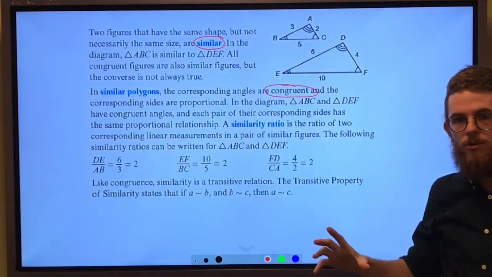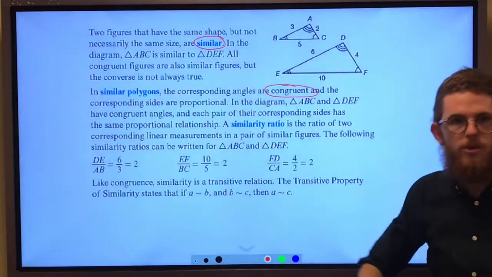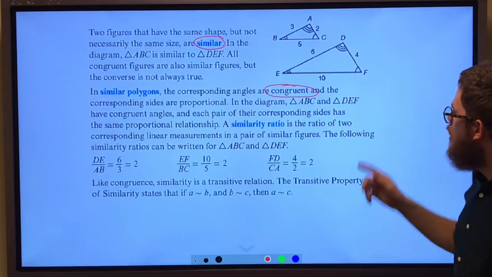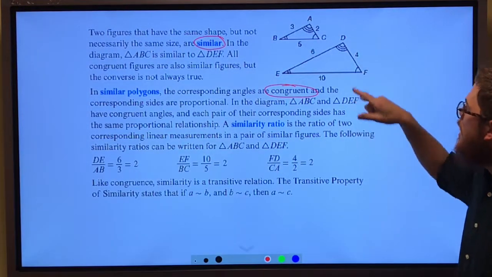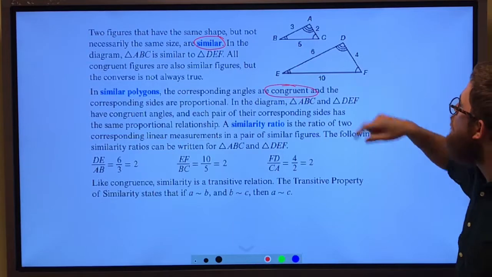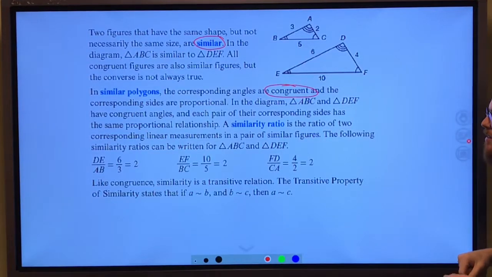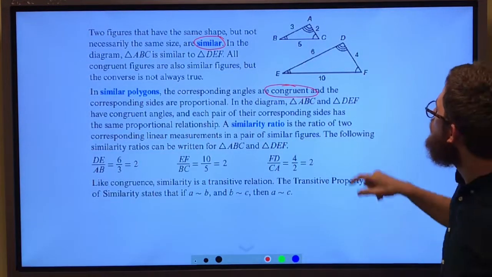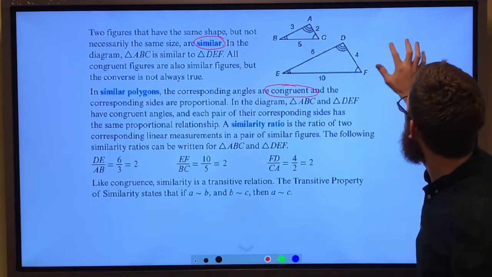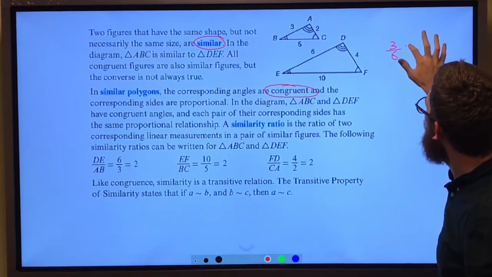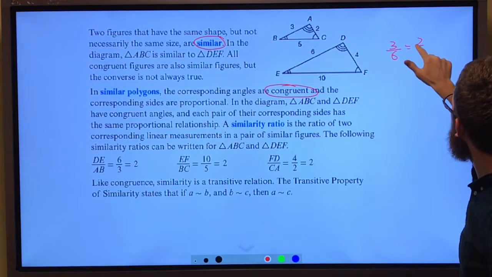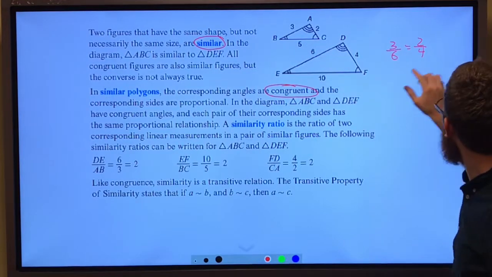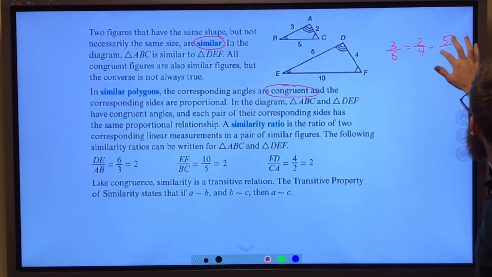If all the angles are the same measurement, the sides are going to be proportional. And so here we can see they have congruent angles, and each pair of corresponding sides has the same relationship. Notice we can check that. 3 to 6 is equal to 2 to 4, which is equal to 5 to 10.